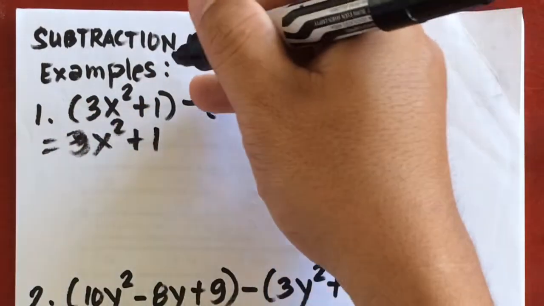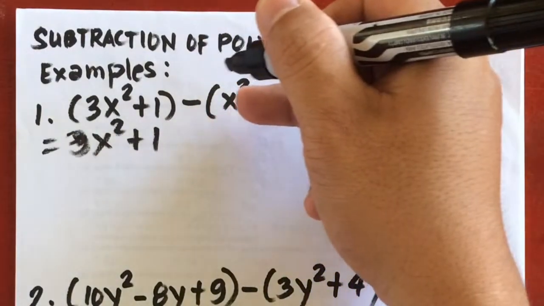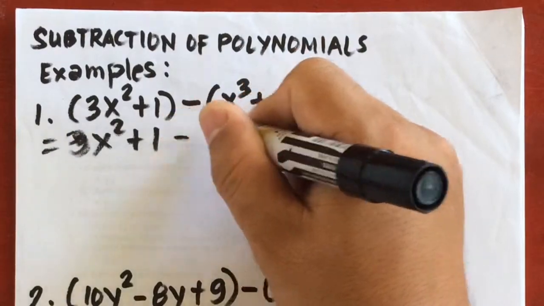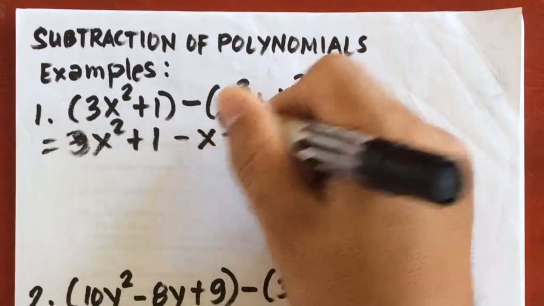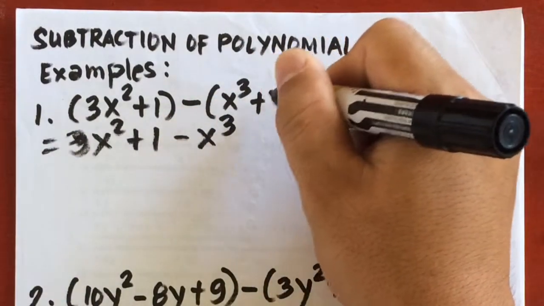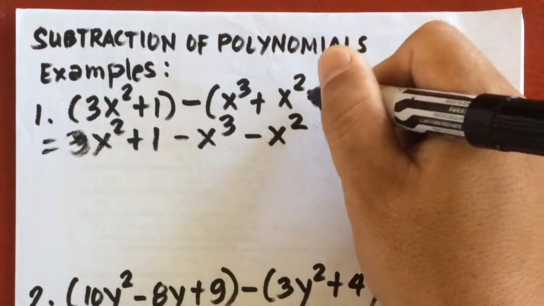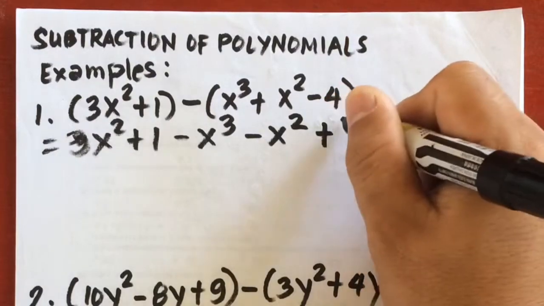Then you're going to change this one to its additive inverse. So this is x cubed, so this will become negative x cubed. Then this is x squared, so this will become negative x squared. Then this is negative 4, so this will become plus 4.